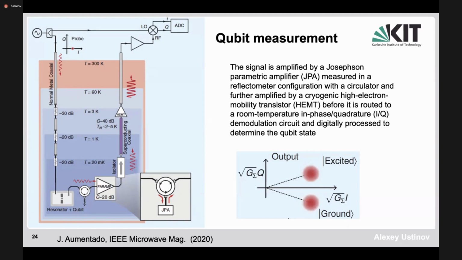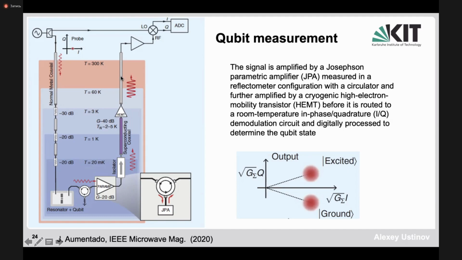So if you want to have a transition frequency of a few gigahertz between 0 and 1, we need to have the thermal fluctuation energy kBT being much smaller than h bar omega_01. And therefore, the most typical temperature which is used for qubit measurements is in the range between 10 and 20 millikelvin.